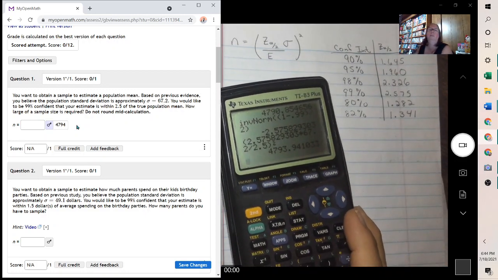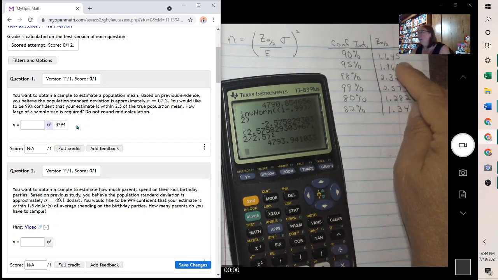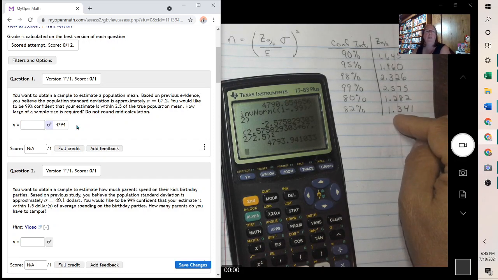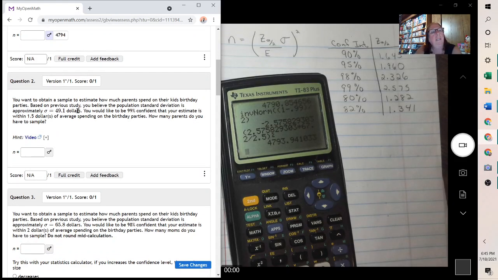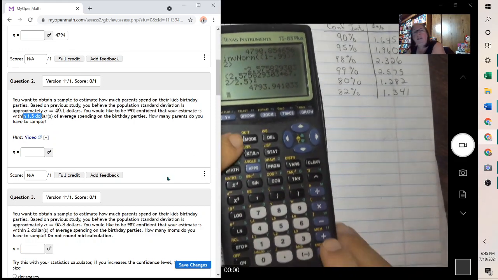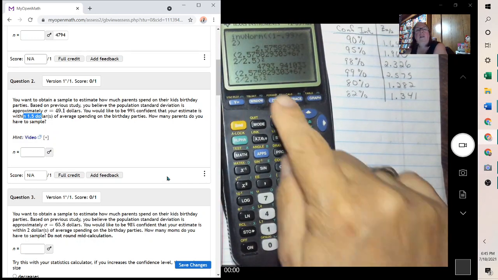Let's try another one. So if you're using this estimate, your values are going to come off. If I look at the next one, it says, you want to obtain a sample to estimate how much parents spend on their kid's birthday. Standard deviation, 49.1. We want a 99% confidence interval, and it's within $1.5. Notice it's 99%, and that's what I have here. What you're doing is the same, you can hit second and enter, and it brings it back up.